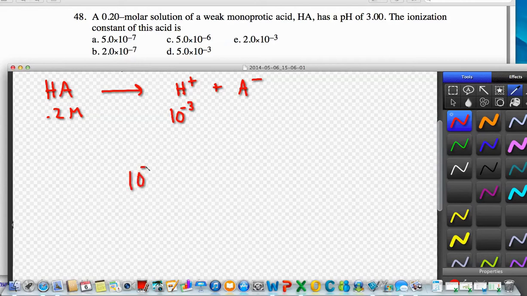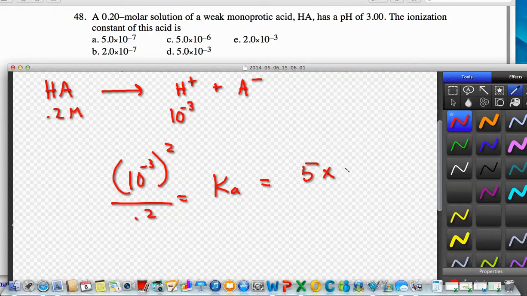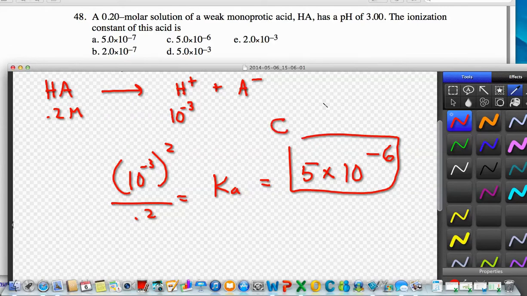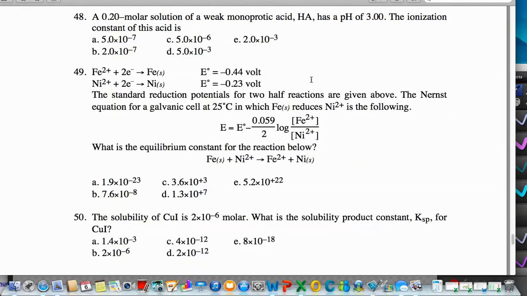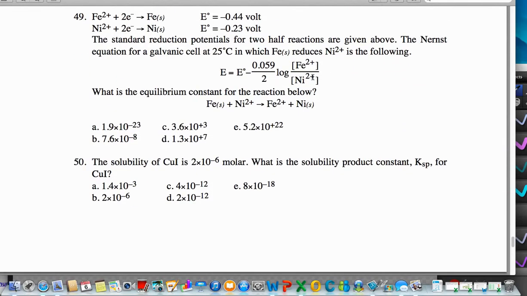So that means 10 to the minus 3 squared divided by 0.2 is equal to the Ka. That is going to be 5 times 10 to the minus 6. And so that is choice C. Number 48, the credited response is C.